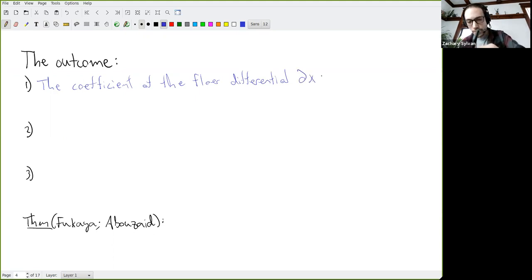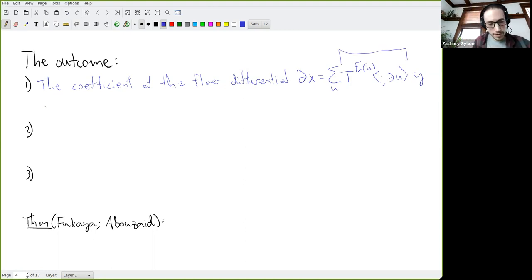Boundary of X is some sum over disks of T to the energy of the disk, times the pairing with the boundary of the disk, times y. So this is the coefficient.